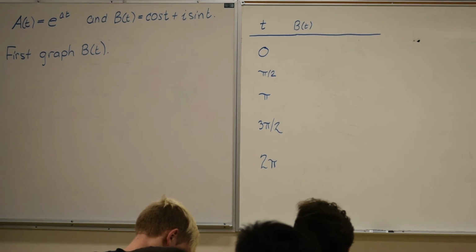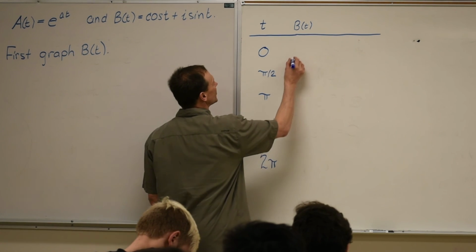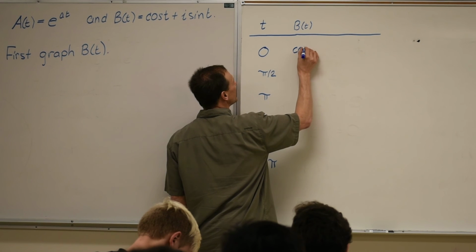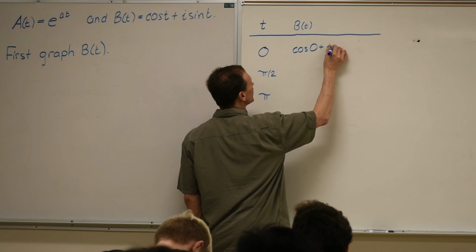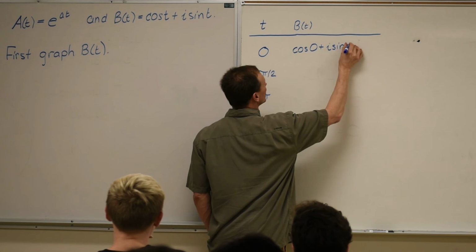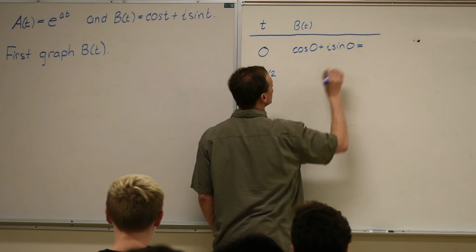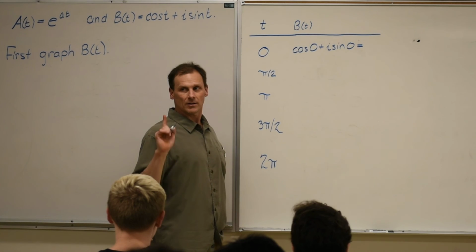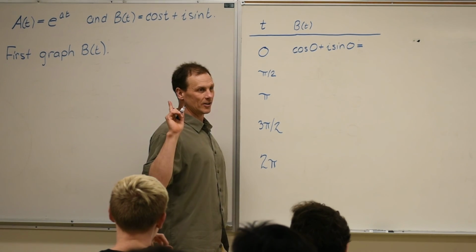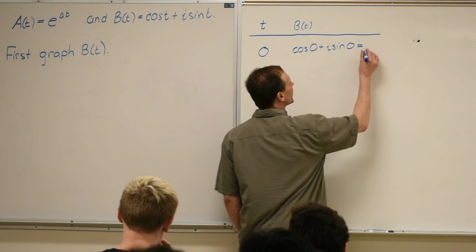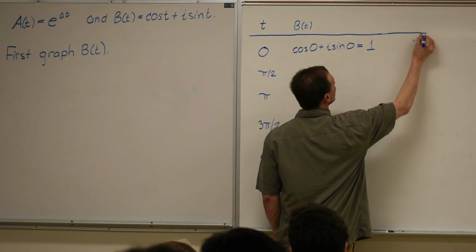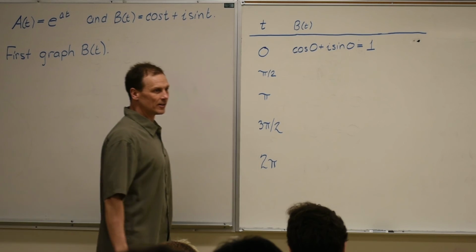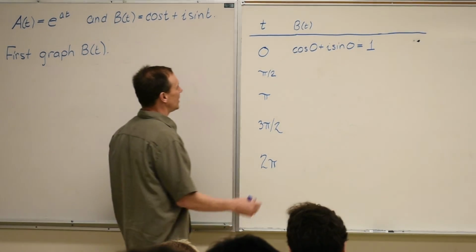Alright, so B of t, and we'll write this out just so you can see it. This is the cosine of 0 plus i sine of 0. Sine of 0 is 0. Cosine of 0 is 1. 1 plus 0 is 1. Is that right? Okay. Let's see.